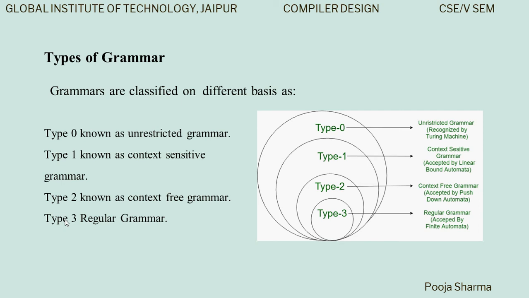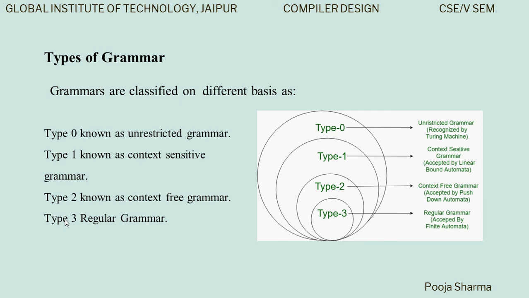Next is the type of grammar. There are different types: type 0, type 1, type 2, type 3. Out of them, type 0 is the most flexible, or most powerful, and type 3 is the least flexible, and naturally its power is also less.